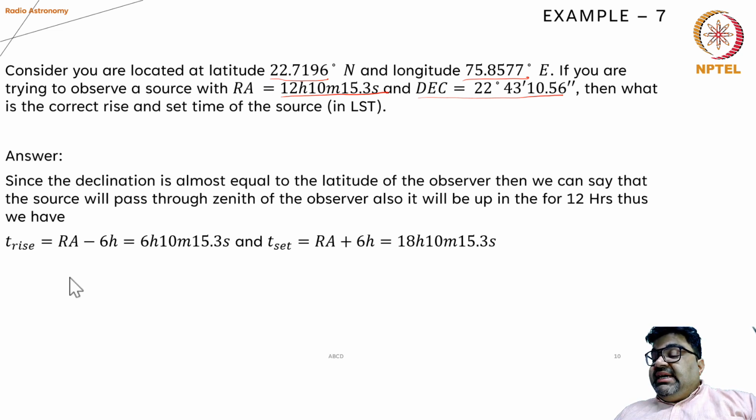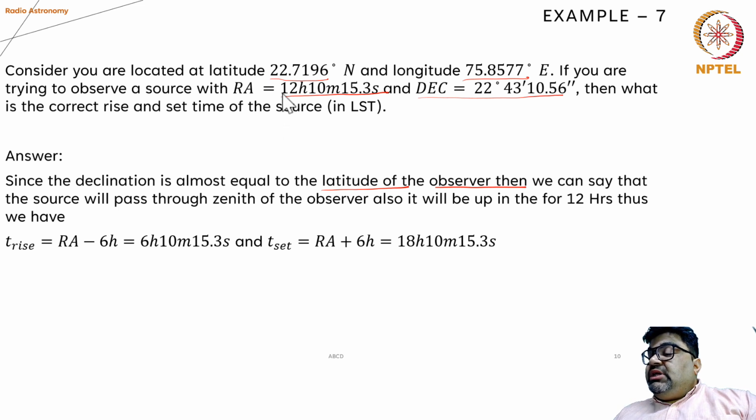So the LST is... so 6 hour is the... so essentially the declination is almost equal to the latitude of the observer, more or less.